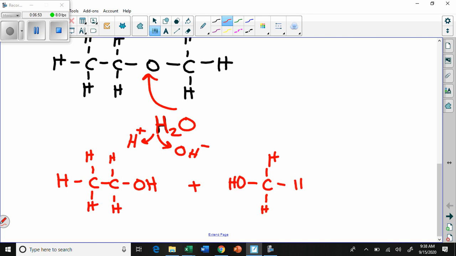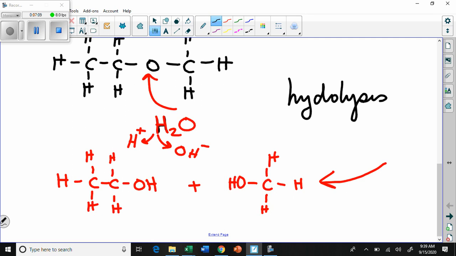So it's the opposite. You'll notice this picture that I've drawn here is exactly the same as what we started with in the other one, right? We went backwards. So this is using water to split things. So it's called hydrolysis, water splitting. And it's just the opposite.